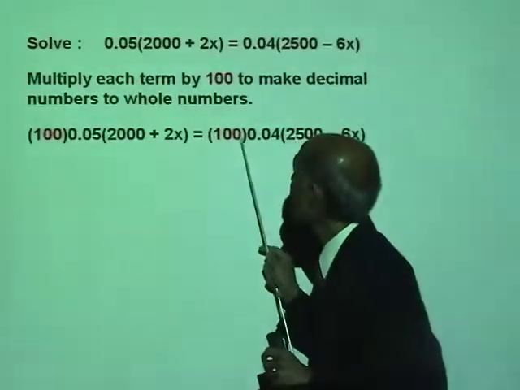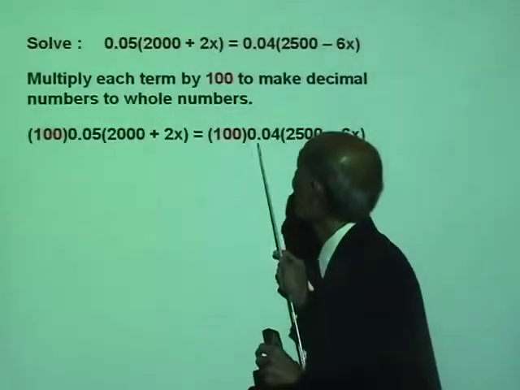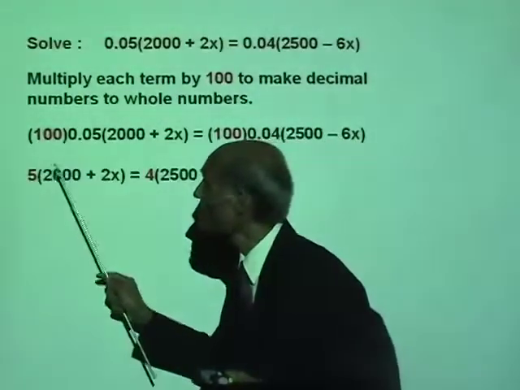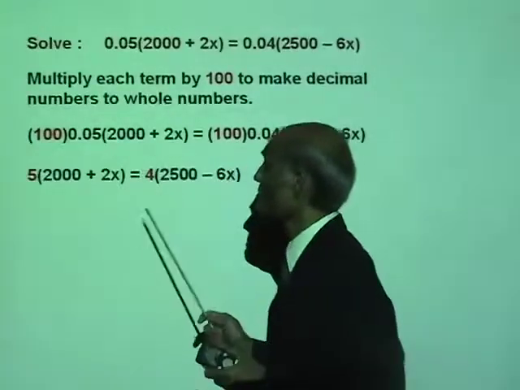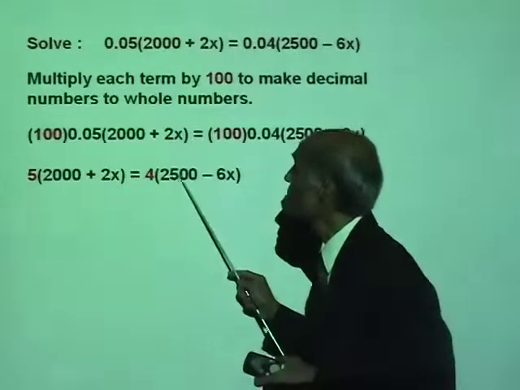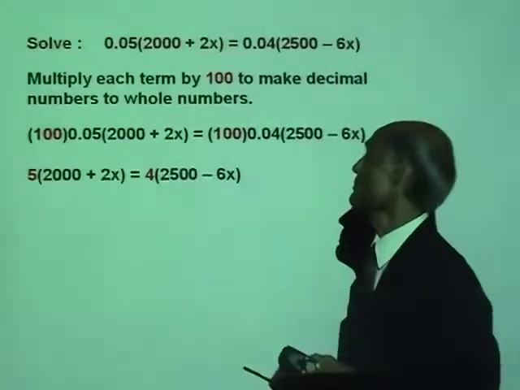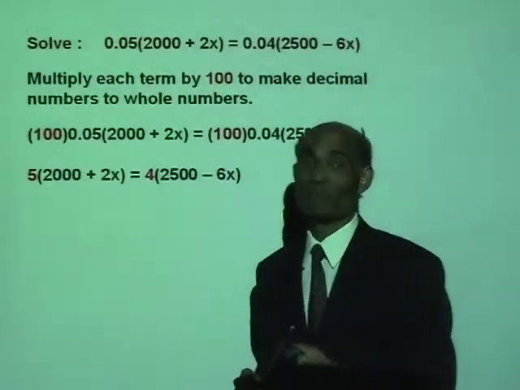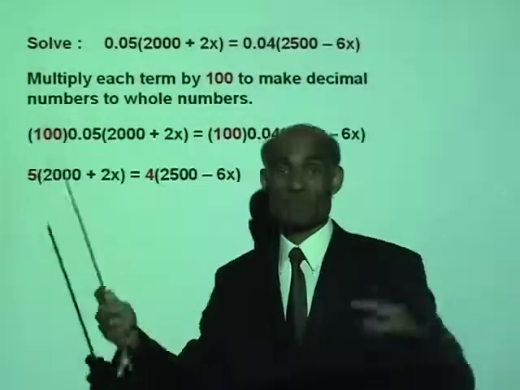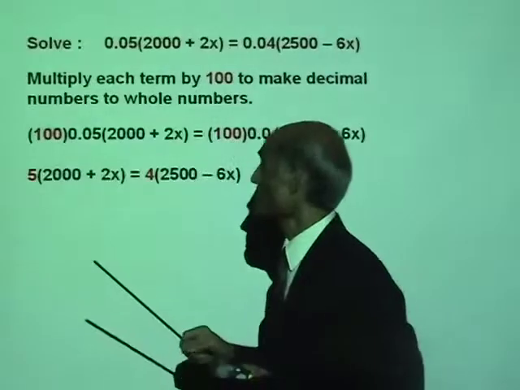And 100 times 0.04 is a 4. So this will be 5 times (2000 plus 2x) equal to 4 times (2500 minus 6x). Once we have gotten rid of the decimals, we now distribute.